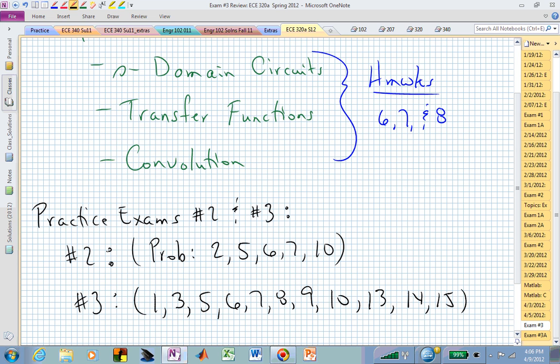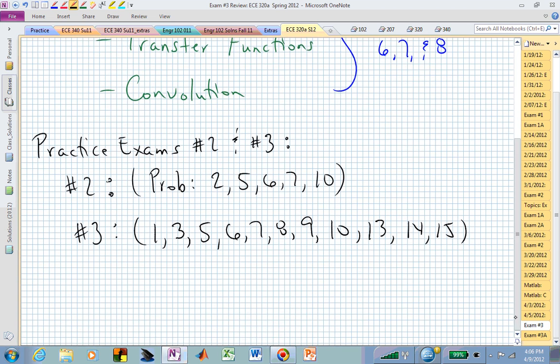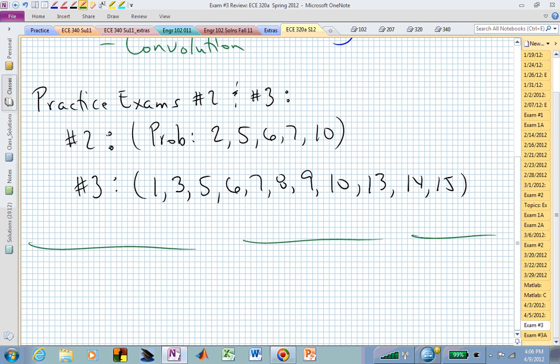Exam 3, the practice exam, was dealing with the fact that the students at that point knew how to sketch Bode plots. We may start on that tomorrow, but that directly won't be on there, but I think that information will be helpful in your understanding of what's going on when you're analyzing circuits. So I haven't yet decided whether we will begin that new material tomorrow, but it will help you for exam number 3. Those are some problems that you can look at.